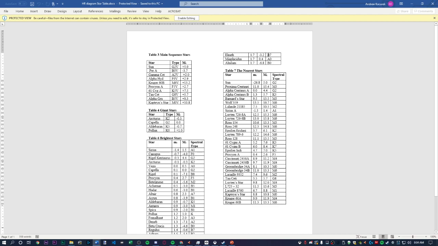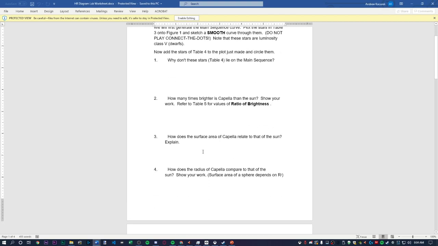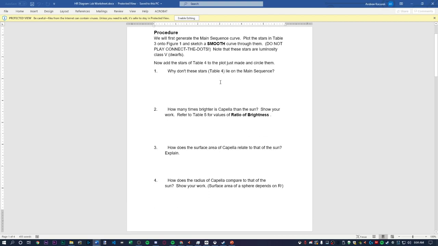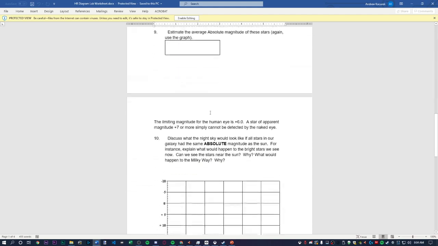Now, the number one thing here is that you pay attention to the plus and negative signs, even though most of these are positive. So if we go back, you're going to want to plot these on figure 1. So we have B0 all the way to A, F, G, K, and M. The traditional moniker is "Oh, be a fine girl, kiss me."